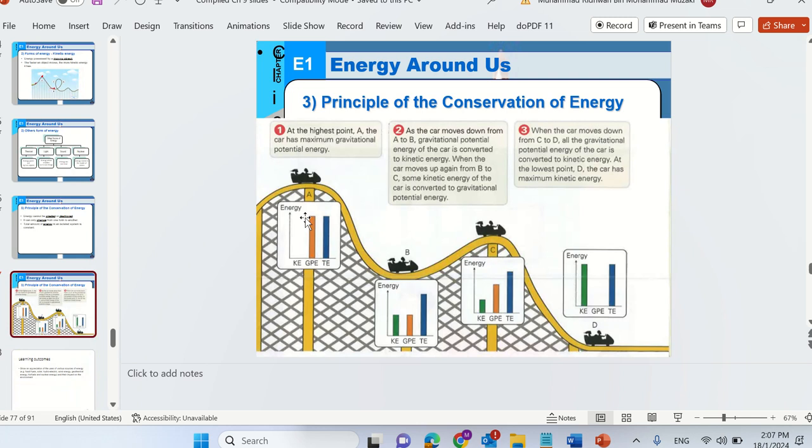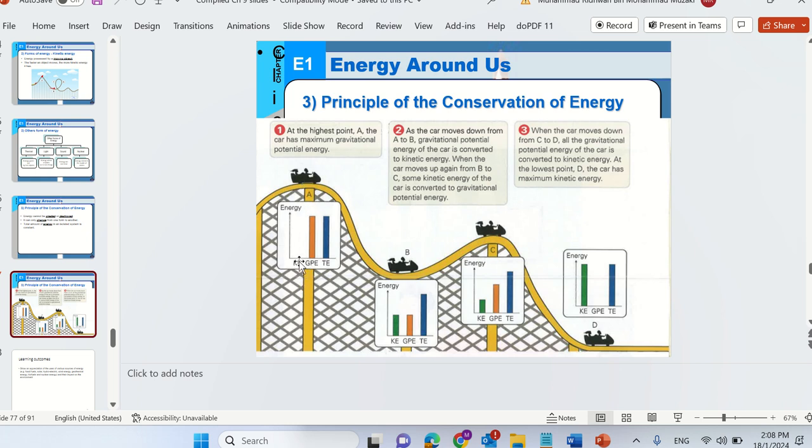Let's use this roller coaster as an example. At this point, it is present at a great height, very high up. So it possesses a lot of gravitational potential energy, GPE here, because it is present at the height. Whereas it is not moving initially.